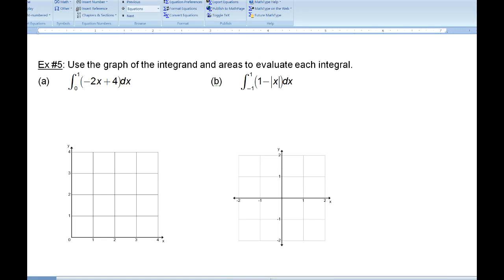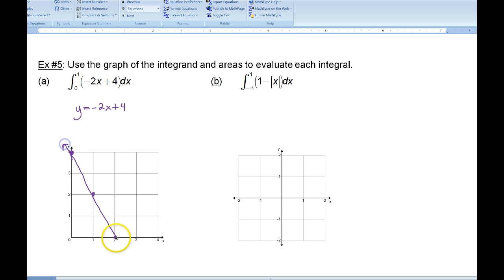On the next page, we're going to graph whatever the integrand is, and we're just going to look at the bounds. Like the first one goes from 0 to 1. You can graph the whole line if you want. Think y equals mx plus b. We start at 4, and it goes down 2 over 1, down 2 over 1. So here is the line.